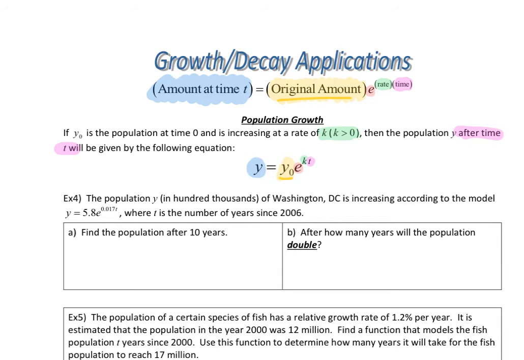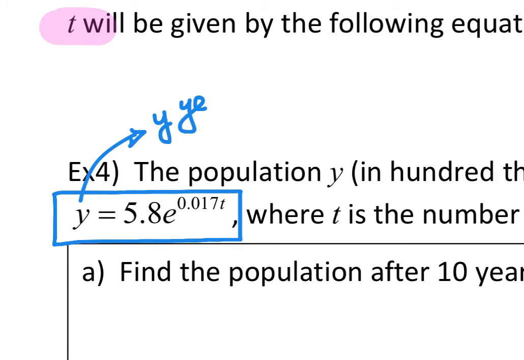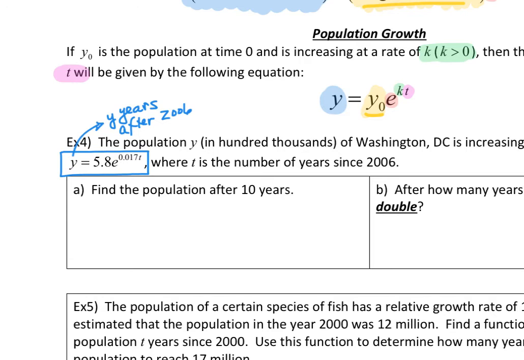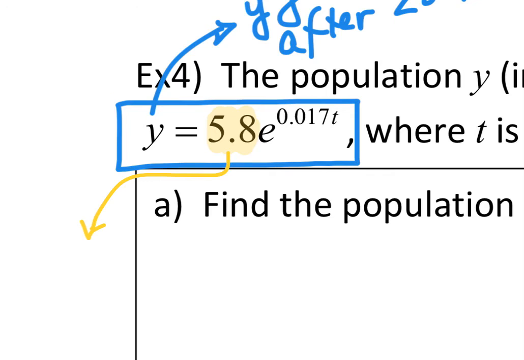So let's say that I give you this formula that represents the population of Washington, D.C., y years after 2006. And the way that I wrote this formula, this 5.8 is the initial amount.